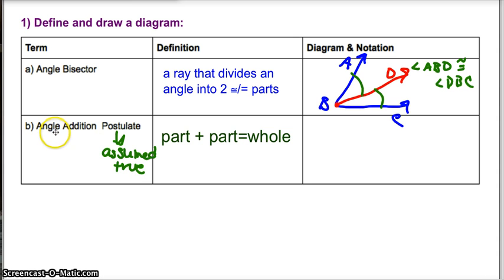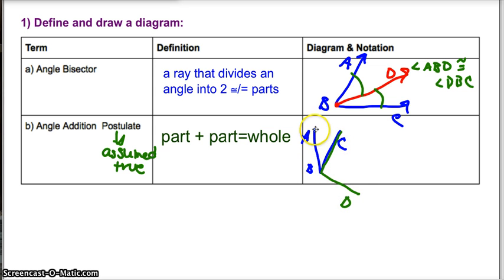We've dealt with a segment addition postulate. Now we're dealing with an angle addition postulate, where a part plus a part equals the whole. So I'm going to have an angle, this one, and if it gets added to another angle, let's say this one, and let me call this angle ABC, and this green one will be CBD.